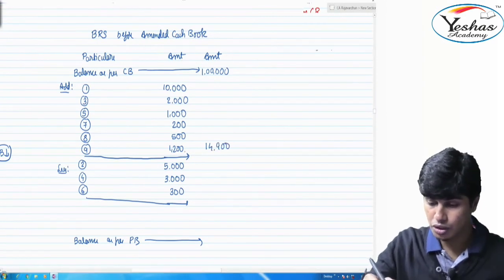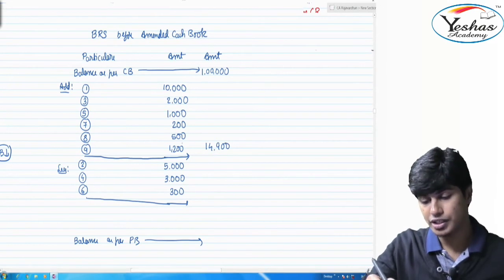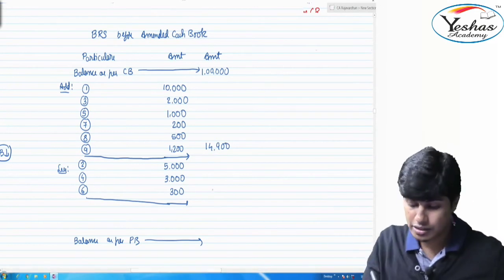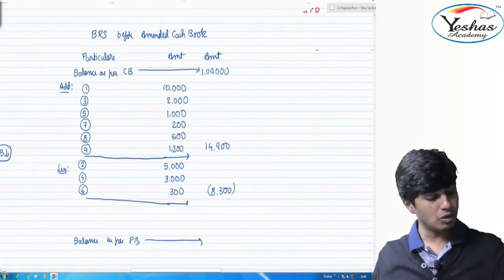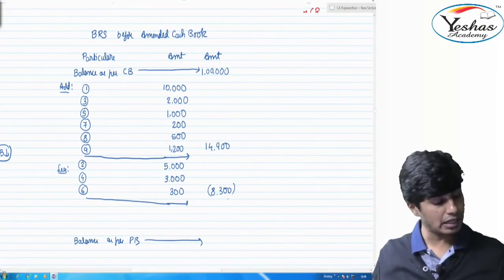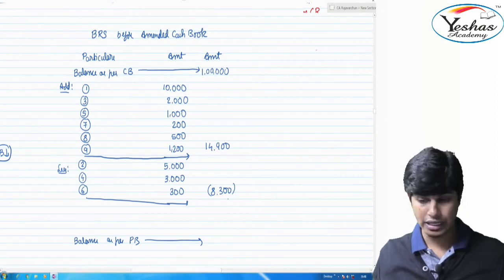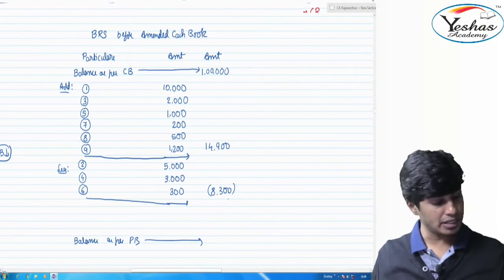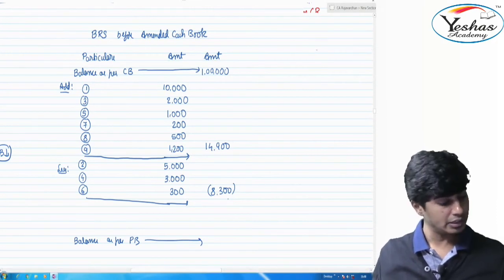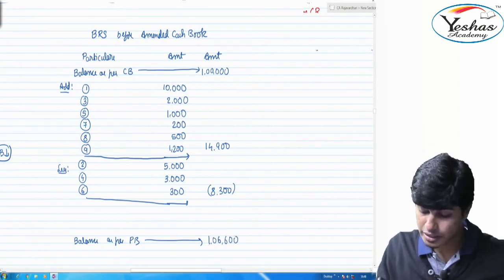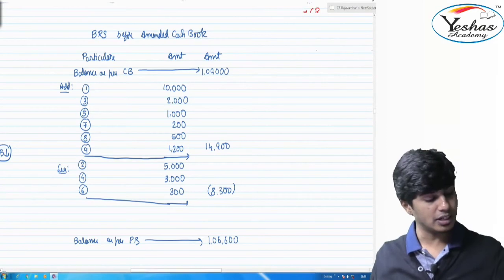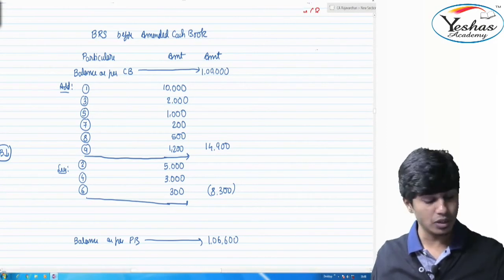This is 8,300. Minus. Let's do this. 1 lakh plus 4,900 minus 8,300 gives 1,06,600. It is 1 lakh plus 4,900 minus 8,300, 1,06,600.